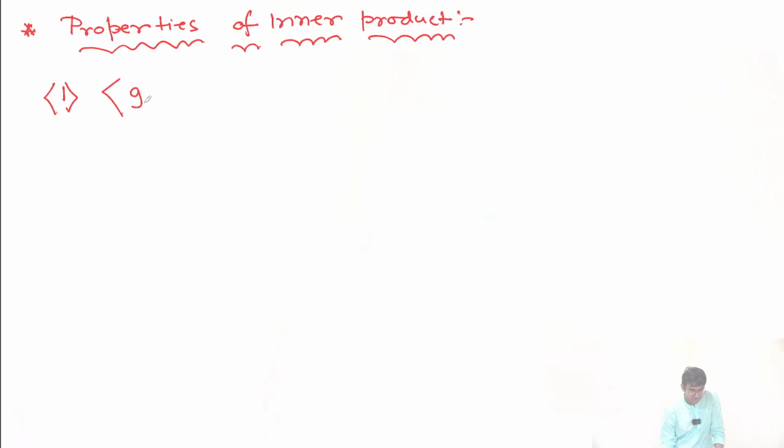The first one is that it should not depend on which sequence it is in, right? That is quite obvious from the definition, the integration. You exchange g and h, nothing will change. So one of the properties of inner product is that g comma h is equal to h comma g. Anything else?